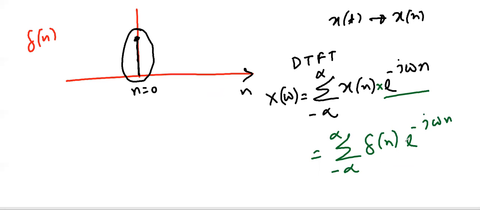So we need to do the multiplication. This multiplication can only be done when n is equal to 0. Otherwise, all the values of the delta function are 0. That's why there are no multiplications you need.